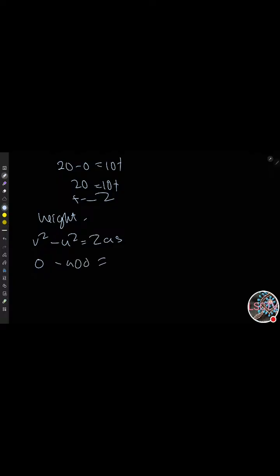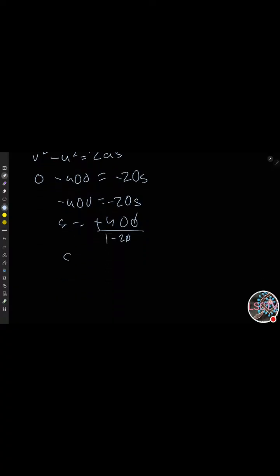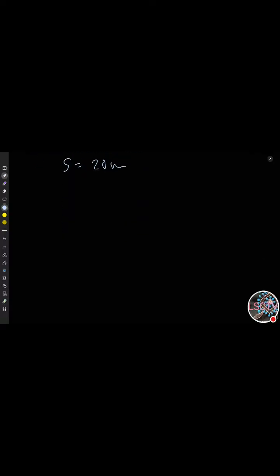Acceleration is minus 10, so equals minus 20s. Minus 400 is equal to minus 20s. s is equal to minus 400 by minus 20. s is equal to 20 meters. Wow, maybe it was a very light object.